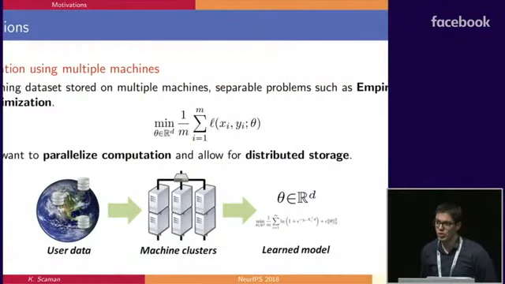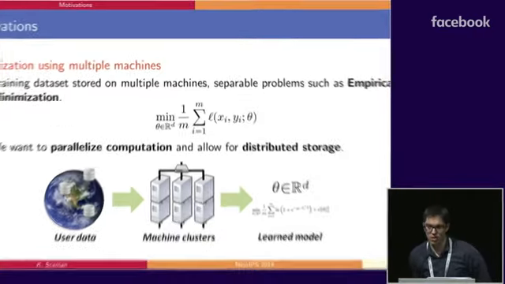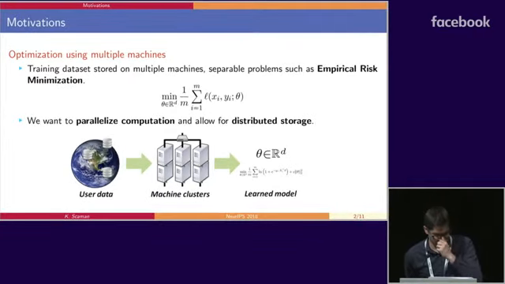Okay, as I was saying, this is a joint work with Francis Bach and Laurent Massoulié at INRIA and ENS, and Sébastien Bubeck and Yin Tat Lee from Microsoft Research. The idea of this work is to analyze functions which can be written as the sum of several functions, each of them lying on a particular computing unit.